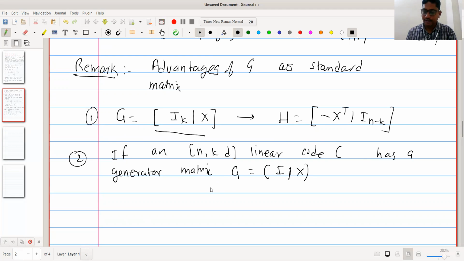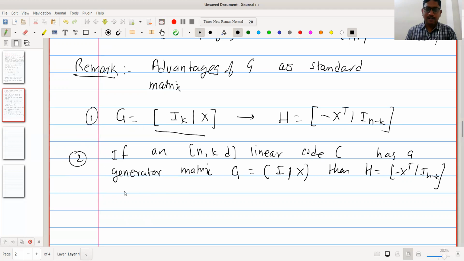In standard form I, X, then automatically the parity check will be this, minus X transpose, I n minus K, since the dimension of C is here K.